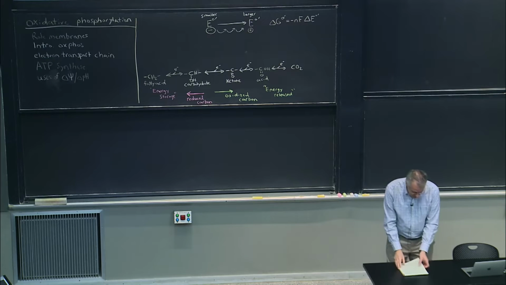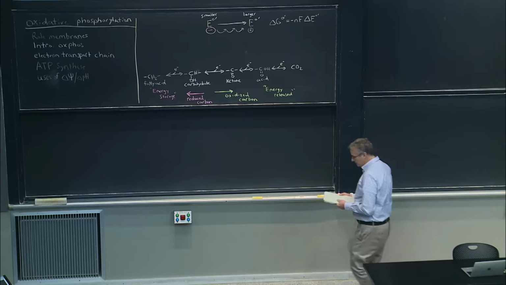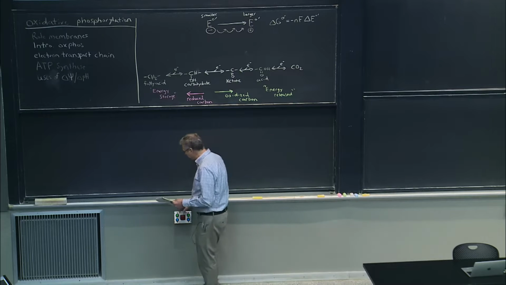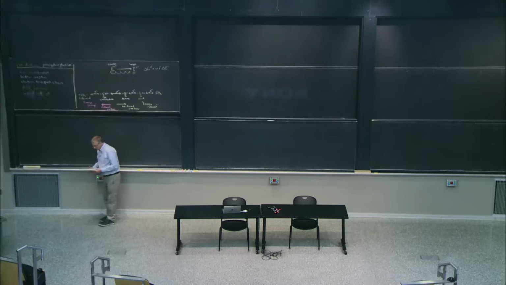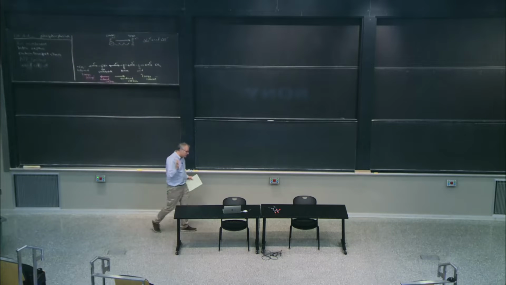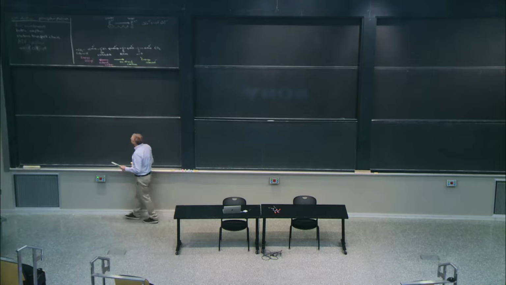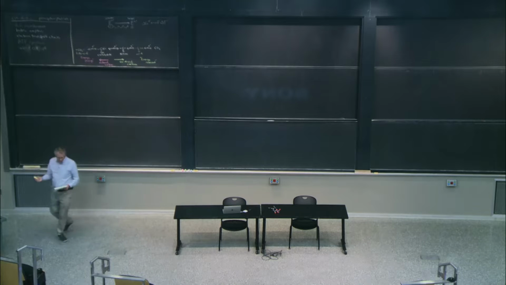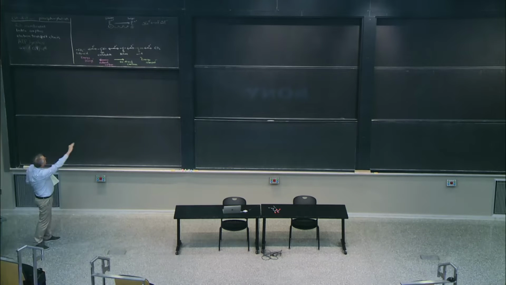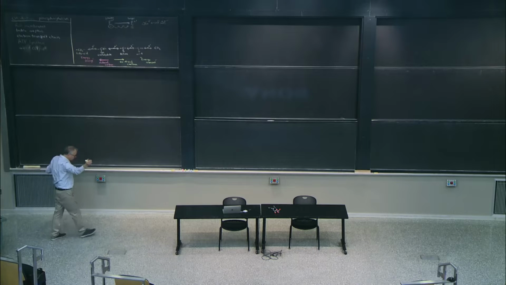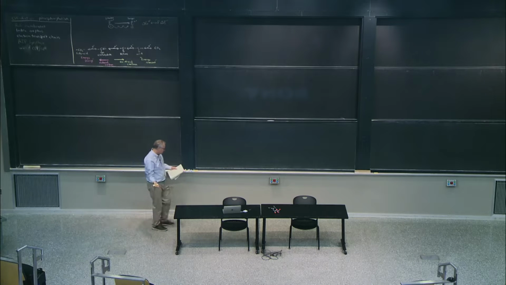And so this is really what I want to discuss today, but it's important to remember these concepts when we think through how these systems work. And so we've now spent several lectures discussing the chemical details of how we can oxidize. First we discussed carbohydrates, then we discussed fatty acids.